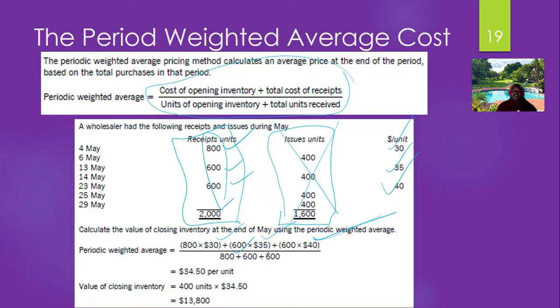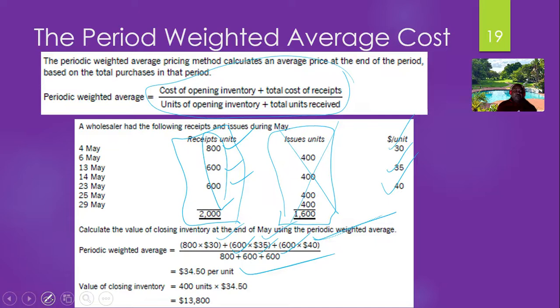So 800, 600, 600, and you can see that the cost per unit on average is $34.50, and then you have to multiply this figure by the total of closing inventory. The closing inventory then comes into play when you do your computations.